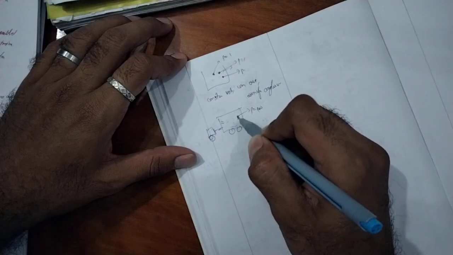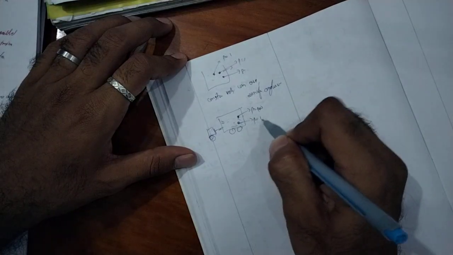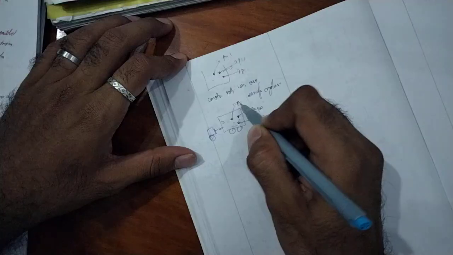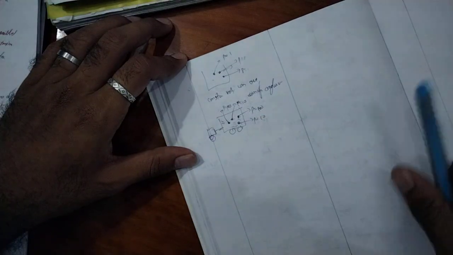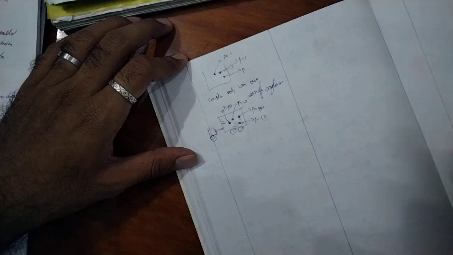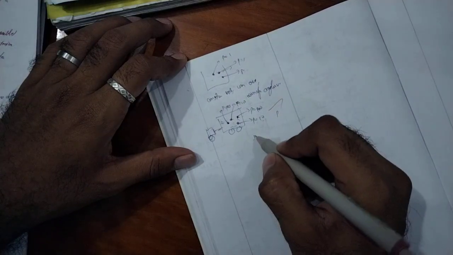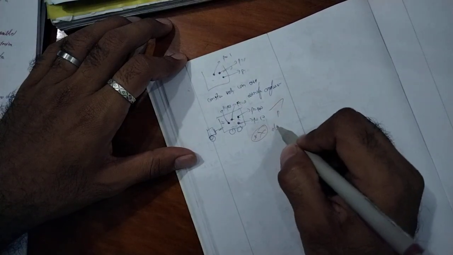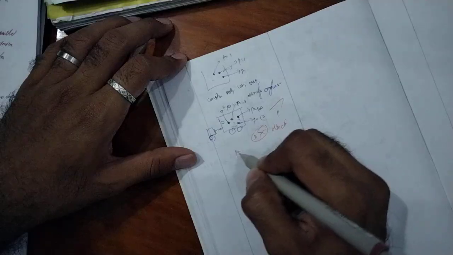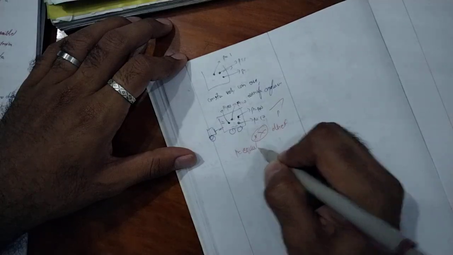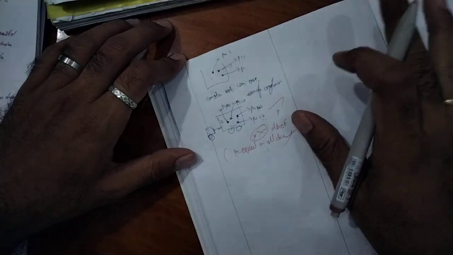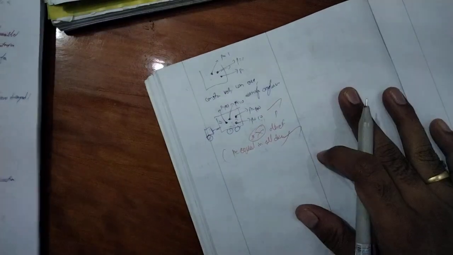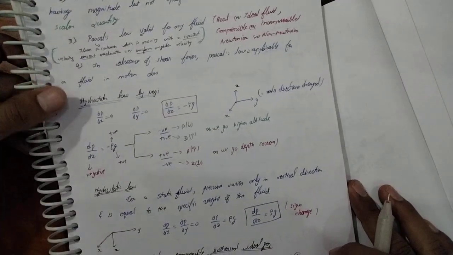It means this molecule has pressure 10, this molecule has pressure 10, this molecule has pressure 10, this molecule also has pressure 10. Now, is Pascal's law valid here? Yes, definitely valid, because every value of the pressure is the same. Since the pressure is independent of direction, the pressure value is equal in all directions. So now Pascal's law is valid.